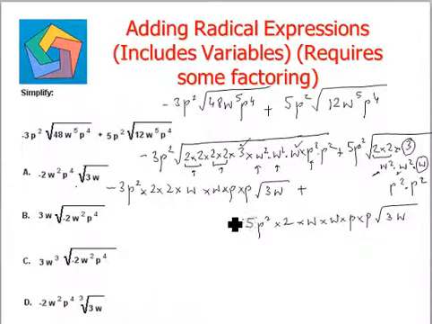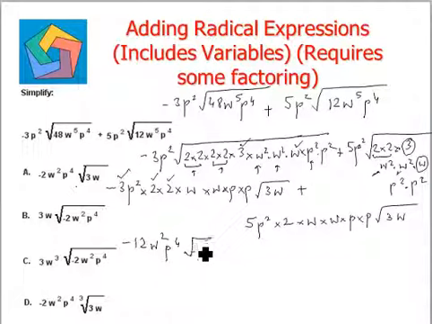So now we'll multiply the terms outside the radical. We have negative 3 times 2 is 6, multiplied by another 2 we have negative 12 w squared p to the power of 4, multiplied by square root of 3w, plus 5 times 2 is 10 w squared and p to the power of 4 square root of 3w.